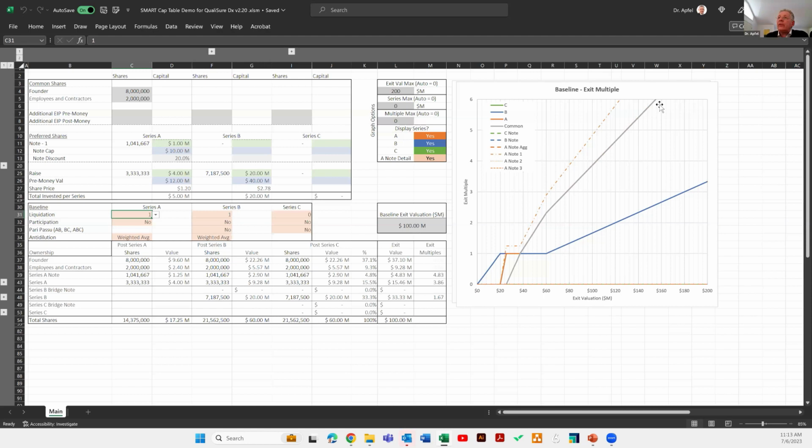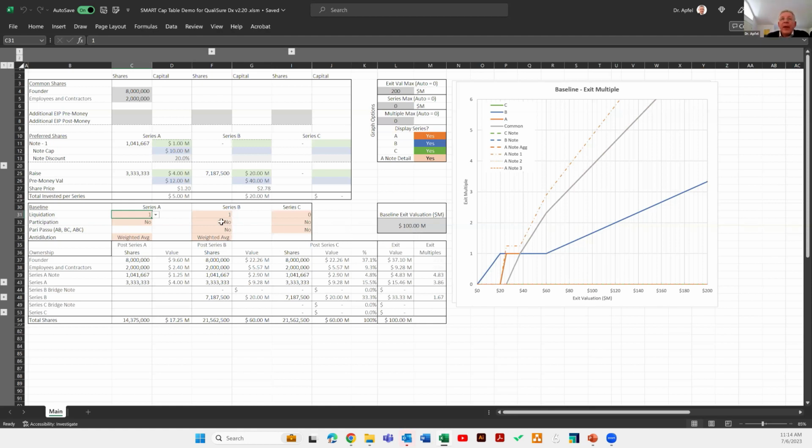So the gray one is the entrepreneur, the payout basically on the pre-money that first started with the Series A. And then the A would be in orange, which is over there. And then the B is the blue one. This is with normal liquidation preference.